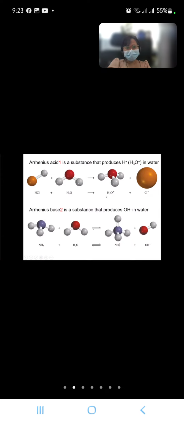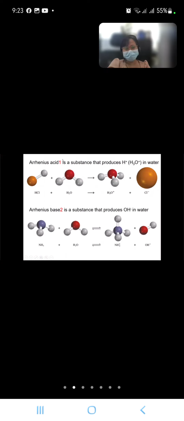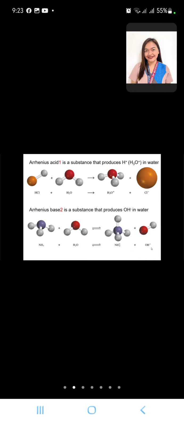The presence of this hydronium ion indicates that hydrochloric acid is an acid according to Arrhenius' definition of an acid. For Arrhenius base, the example is ammonia, dissolved in water will produce hydroxide ion and ammonium ion.